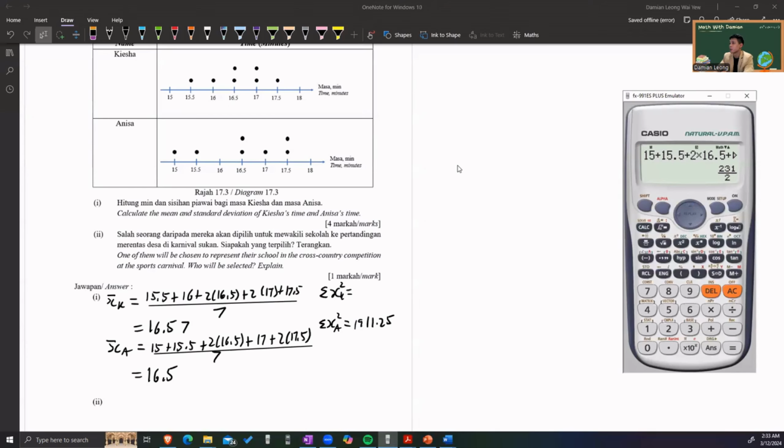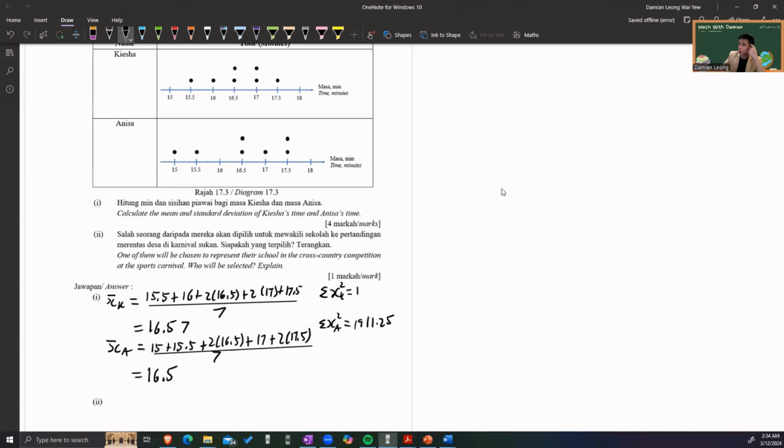The other one, so 16.5 square, 16 square, 2 times 16.5 square, 2 times 17 square, 17.5 square, 1925.